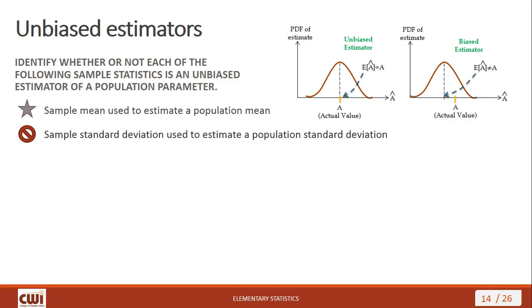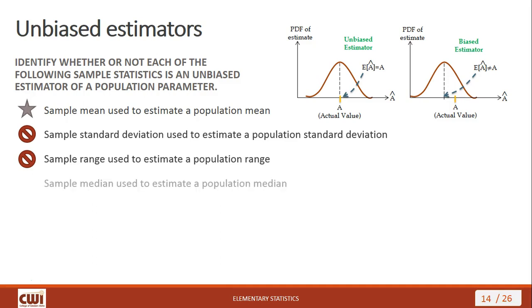There is an adjustment that we can make, but without that adjustment, the standard deviation is going to be a biased estimator of the population parameter. How about the sample range used to estimate a population range? This is also an example of a biased estimator. So, sample range, we can't use that to estimate the population range because it's biased. It tends not to target well that population parameter.